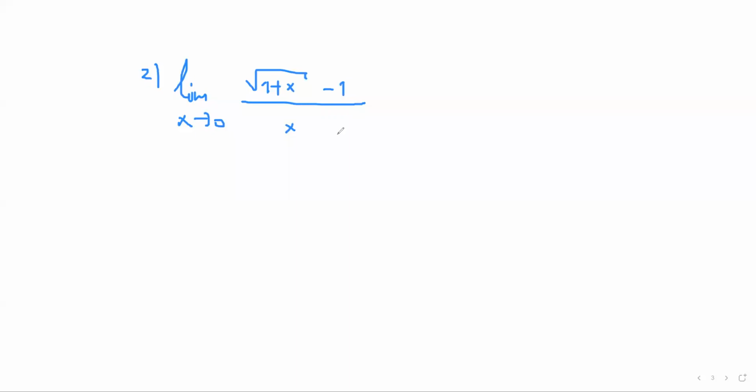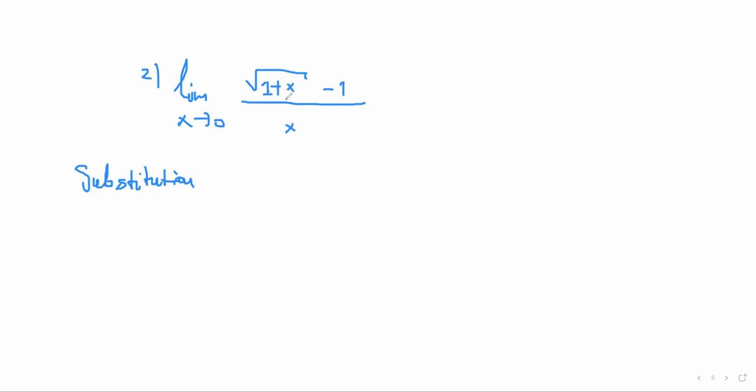For some limits, we use different methods for calculation. Here we are going to apply a method which is called substitution. So we are going to substitute the x here with another one.